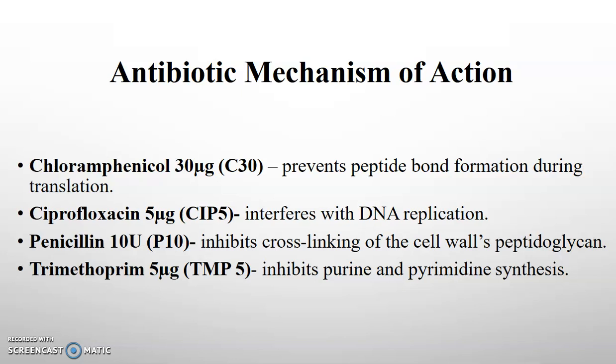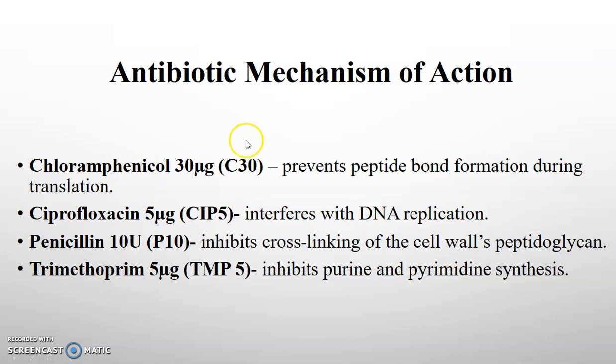Those are nitrogenous bases. But by inhibiting the synthesis of purines and pyrimidines, you really shut down major cellular processes like replication, transcription, and translation, and inevitably cells are not able to survive without purines and pyrimidines.